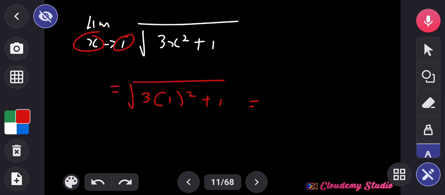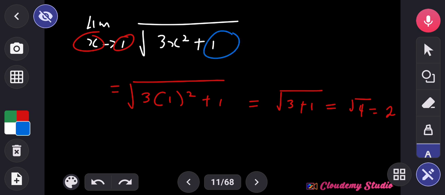That's going to give us root of 3 plus 1, which is root of 4, which is equal to 2. So always remember that the limit of any constant number equals that constant number.